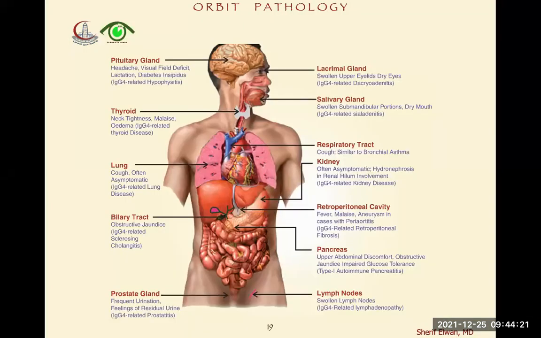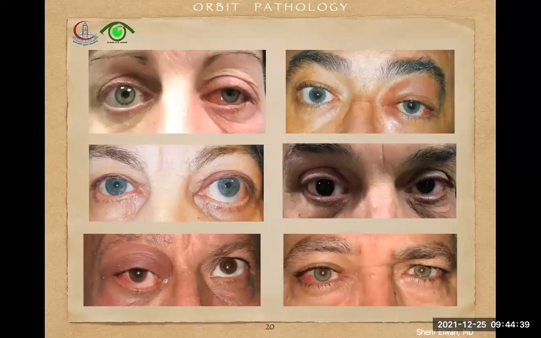And here's a graph showing how many parts of the body might be affected by this syndrome with different manifestations. So IgG4 disease might be a systemic disease, or might affect the orbit and lacrimal gland only. Presentations are different.